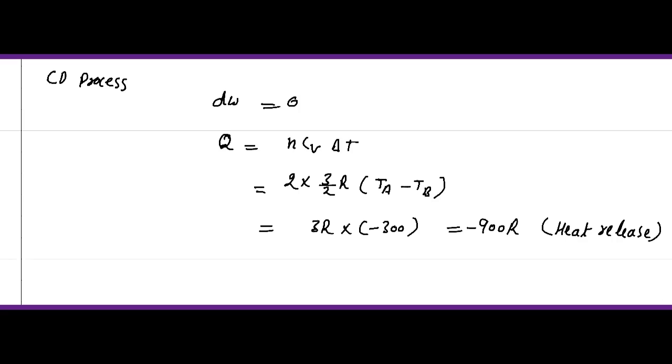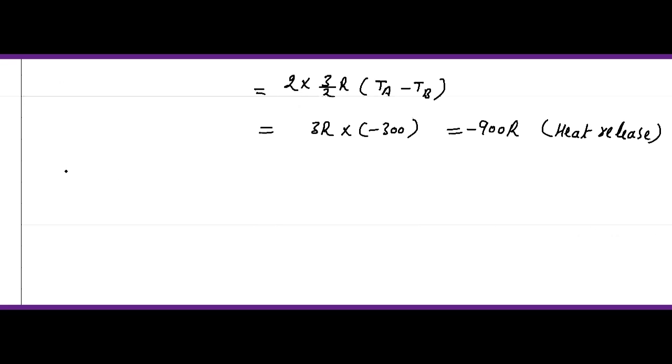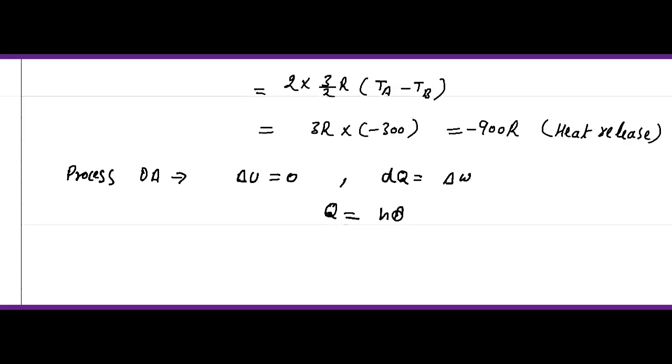Similarly we take process DA. Now here this is isothermal, so temperature is constant, so delta U is equal to 0. Now here heat is equal to work done. So here Q is equal to nRT log of V final over V initial.